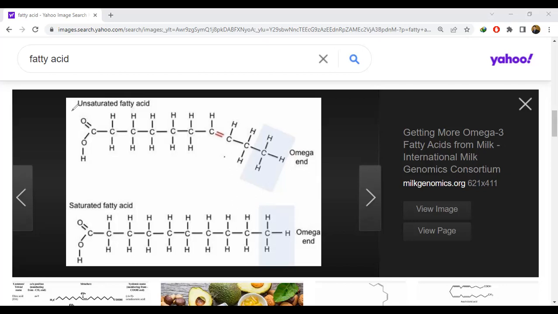If the majority of the fatty acids are unsaturated fatty acids, then how will you describe that fat?